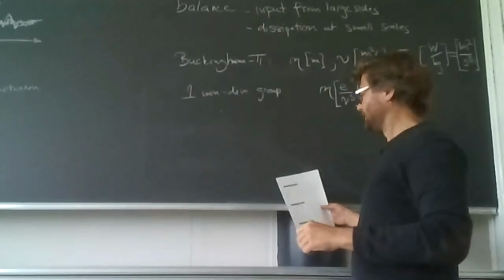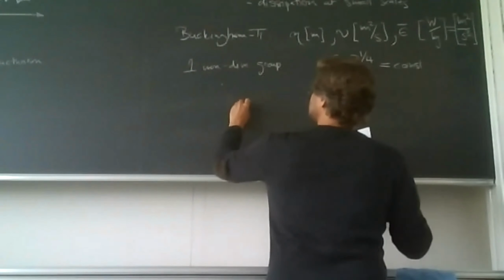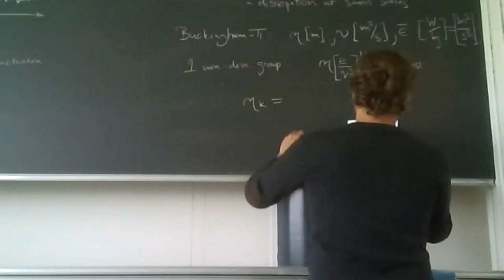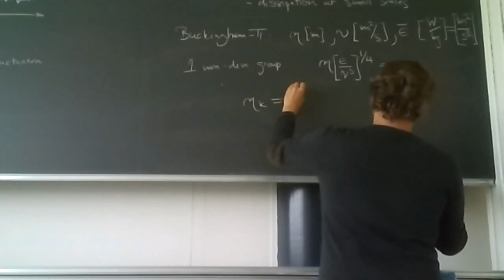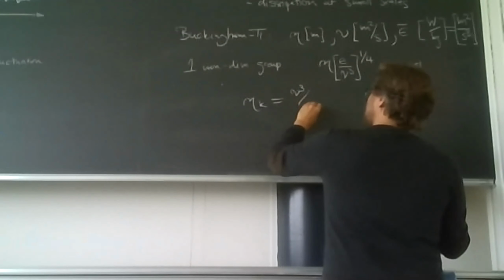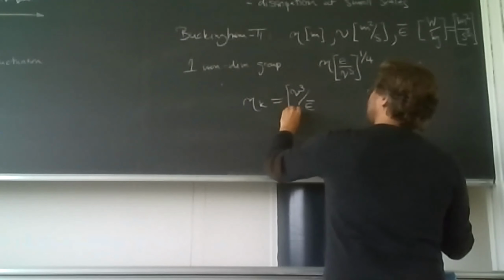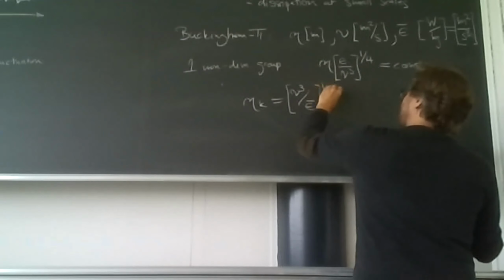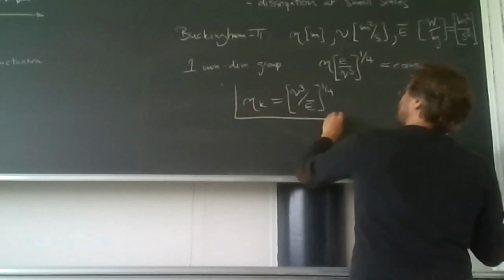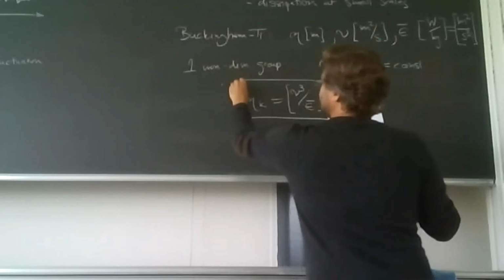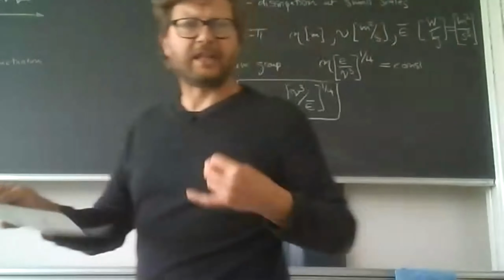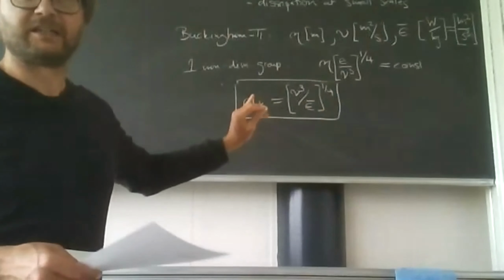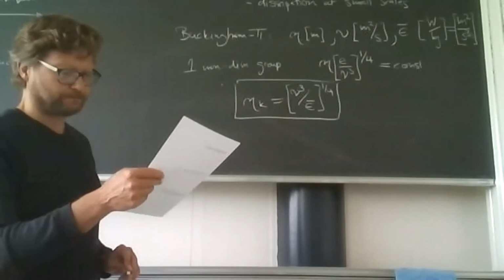And he actually wrote that out, and he said, my Kolmogorov length scale is given by nu to the third power divided by the dissipation rate, to the 1/4. And that's how he came about with his Kolmogorov length scale. There were a few more steps involved, but in a nutshell, this is how it's been done.